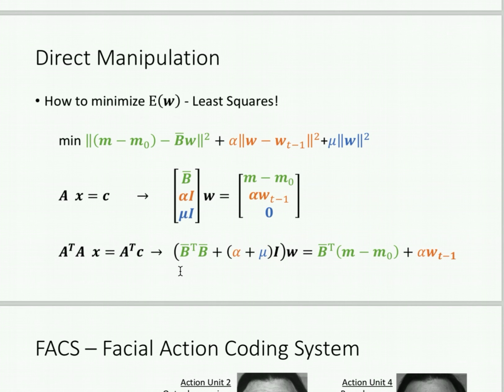This is then transposed and multiplied by itself and added to this matrix. So that's one side, and for the other side, we take the difference between our point and our constraint, and then we multiply it with the transpose of B, and we add to it alpha weights.